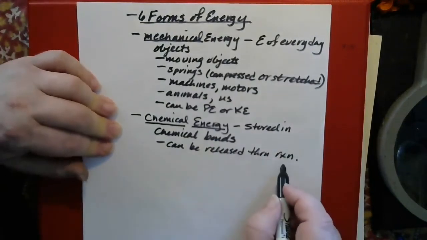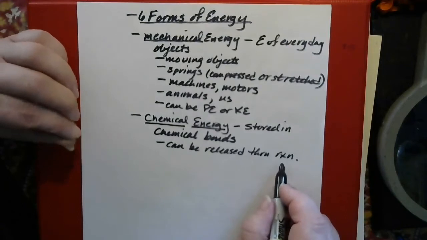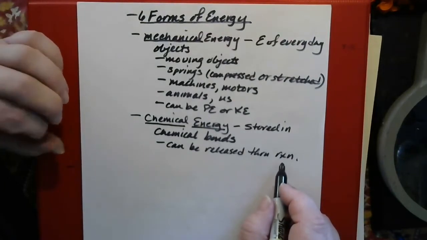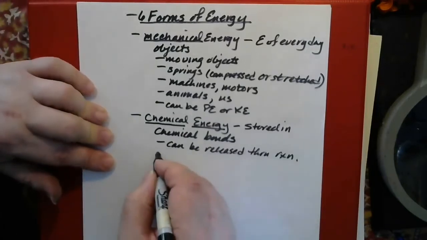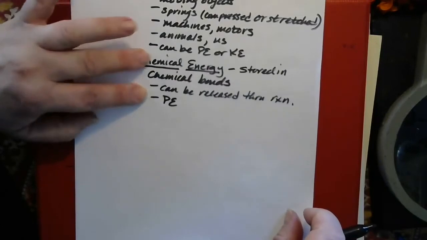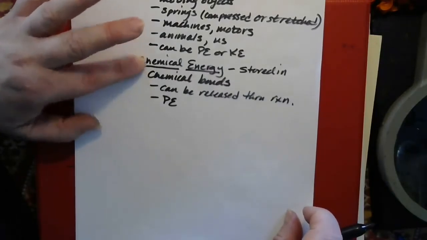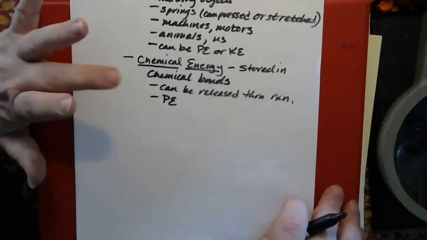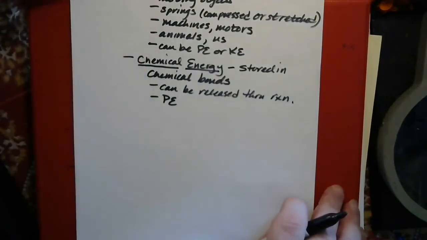And this energy can be released through chemical reactions. And this is a form of potential energy because it's an energy that's related to the condition or state of the matter, but it's an energy that's sort of stored up most of the time.